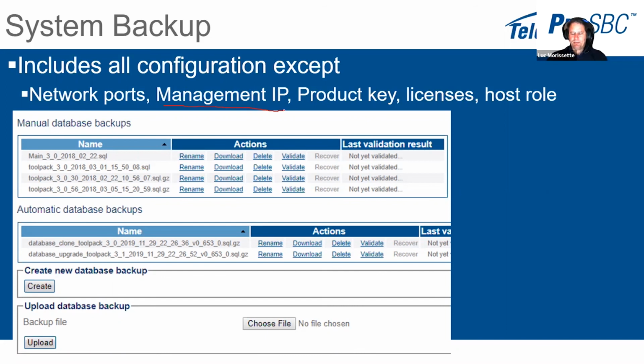Because the management IP is configured independently in the system. So it's not stored in the database. The same thing is the product key. Right? So the product key is attached to the hardware of the system. So it's not in the database. Same thing for the licenses, right?